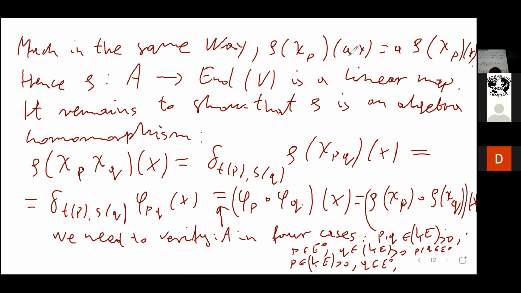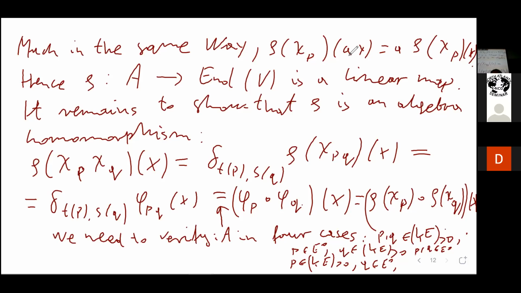And now when I'm on the other side and I first apply the projection, again, if the vertex V is not the end of P, then I have a projection onto the subspace V_V, which is in the kernel of phi P, because phi P is 0 on the vector space V_V if V is not the end of P. So that's all right, because I will just apply it to something which is in the kernel.